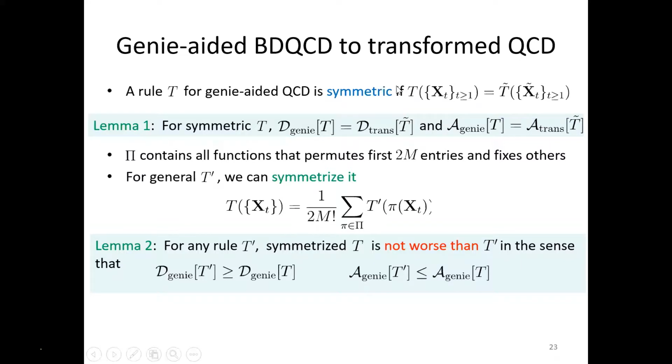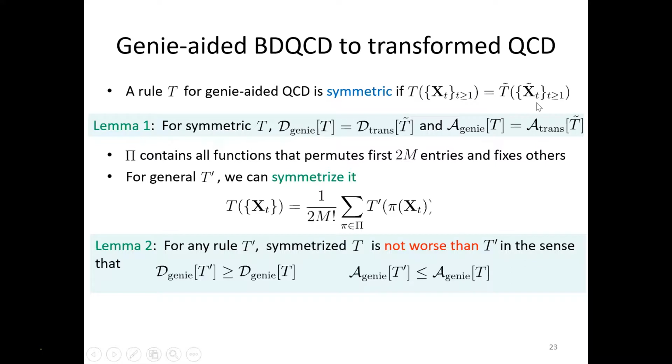And we can show that for a symmetric rule, the Genie-aided BDQCD and the transformed one will have the same performance in terms of the delay and the mean time to a false alarm. I'm not going to show you here, but we can show that.